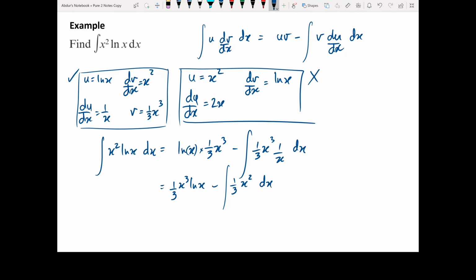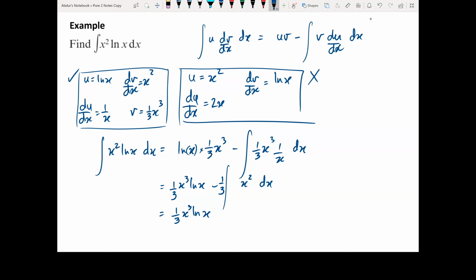Now, whenever we have a numeric factor which is multiplying everything, we can take that factor out, so we can write that third outside the integral, which is absolutely fine. And so essentially we are integrating x squared. So this then becomes 1/3 x cubed ln x minus the integral of x squared, which becomes x cubed over 3.